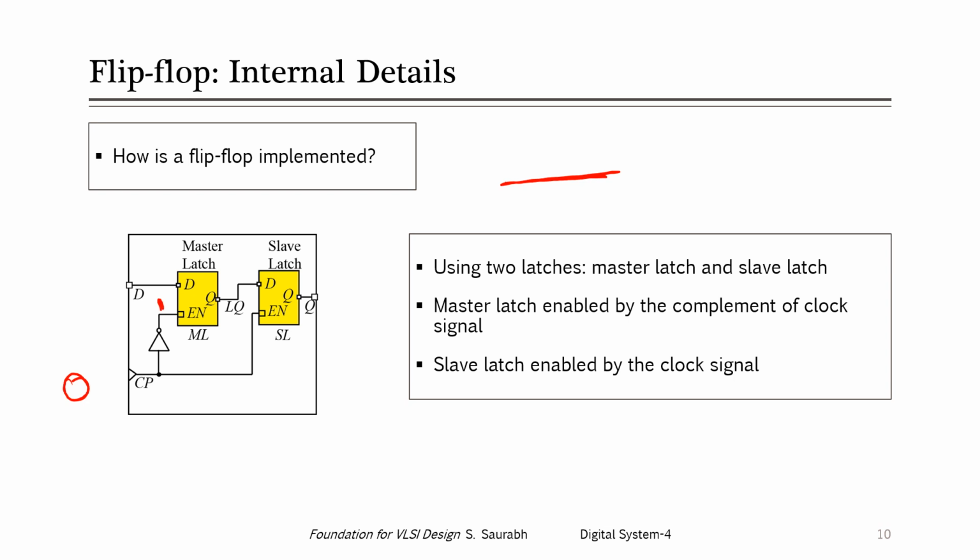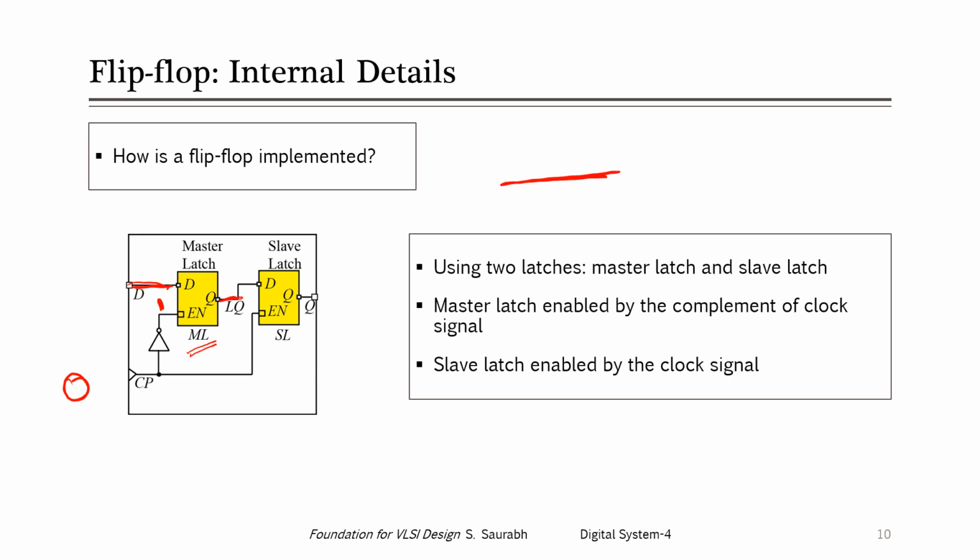So whatever the value of D was, that was being written at the output of the master latch. Whenever 0 was there at the clock pin, the value at the D pin of the flip-flop is available at the output of the master latch, right?